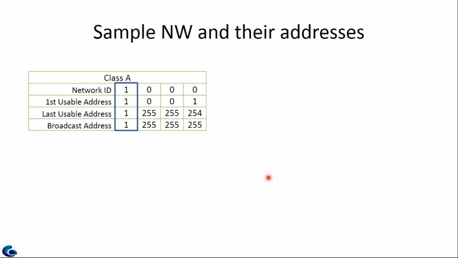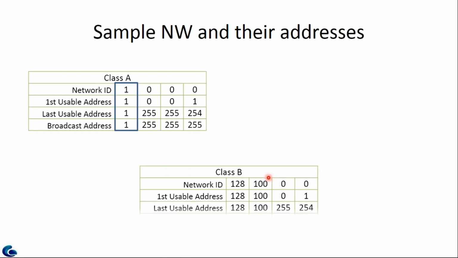Let's look at a class B address. This is the network portion because it's a minimum of 16 bits. Again, when the host bits are 0, this is the network ID. And when host bits are all ones, this is the broadcast address for this network.